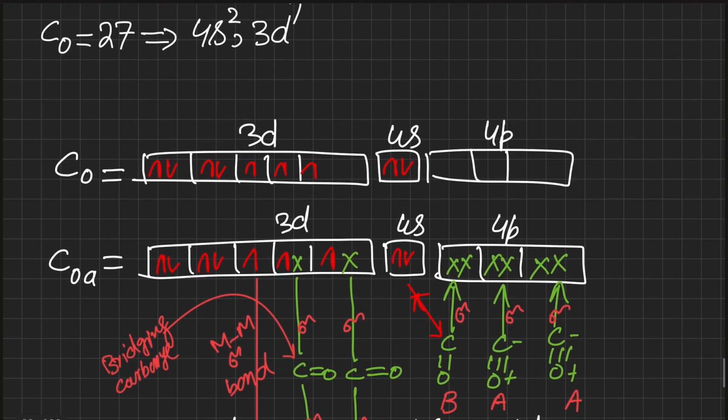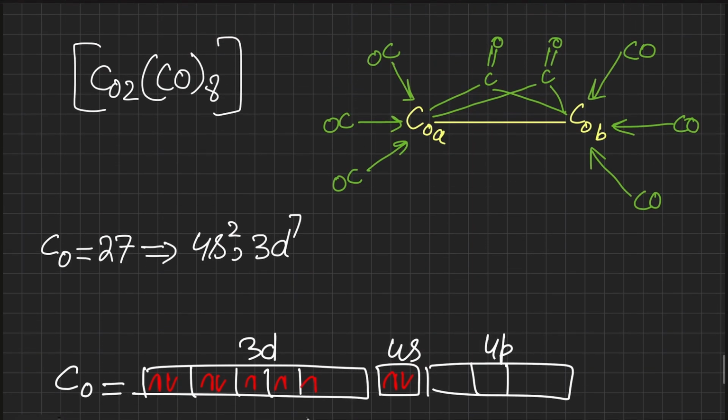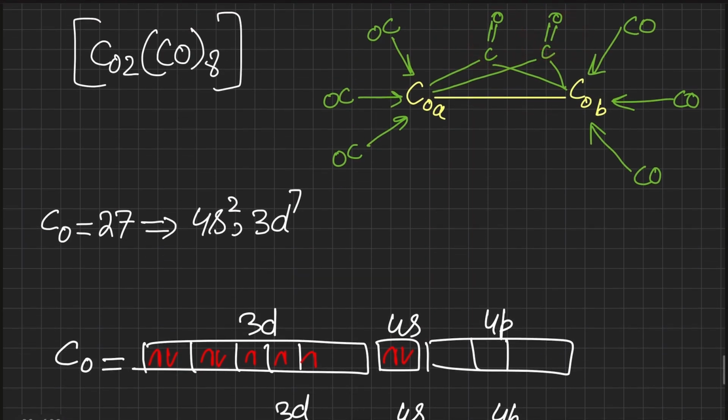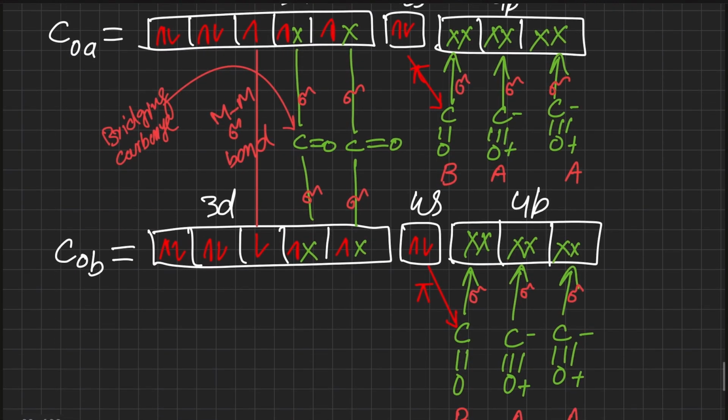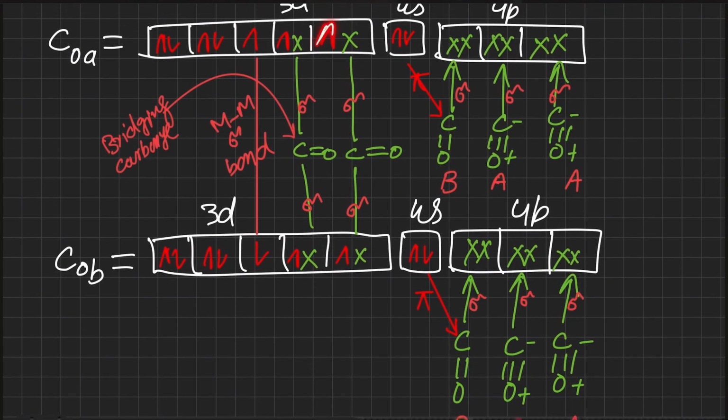Now in order to indicate 2 bridging carbonyls, we are attaching them like this. So this is the 1 electron of cobalt and it is shared with the green electron contributed by this bridging carbonyl. Similarly, this carbonyl is making a bridge with the other cobalt B atom.